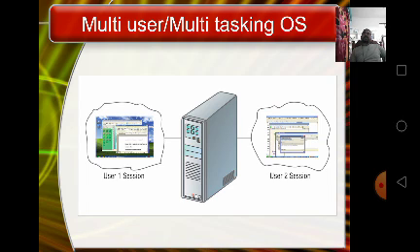Two users can work at the same time, sharing data from the server to the clients, and work on more tasks at a time. When more than two people work at a time, it is called a multi-user, multitasking operating system.